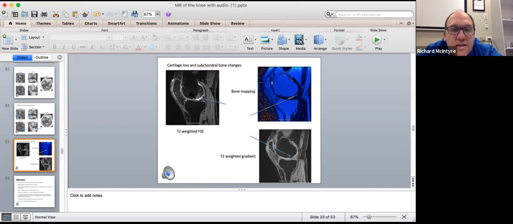This shows the disrupted cartilage because we've got a lot of fluid there, and then on the T2 fast spin echo, and then the bone mapping shows the disruption to the cartilage in the sequence as increased signal or increased color in that sequence. So that's called a bone mapping sequence. And we usually do the bone mapping sequences to show cartilage. Okay.